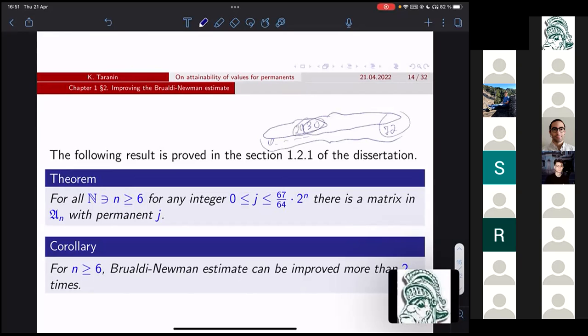So if it was 6 by 6, then when we get to 7 by 7, we get the range from 0 to 144.